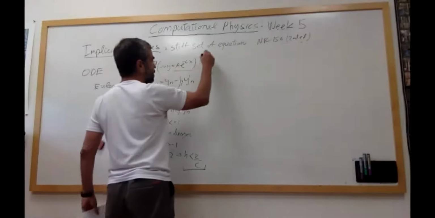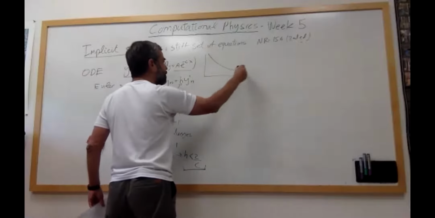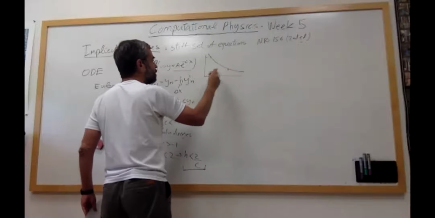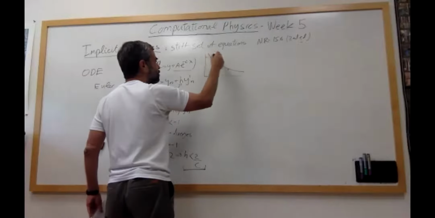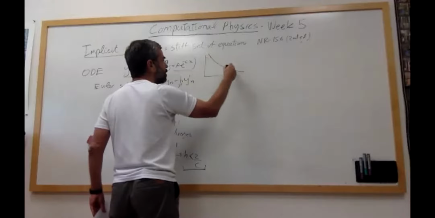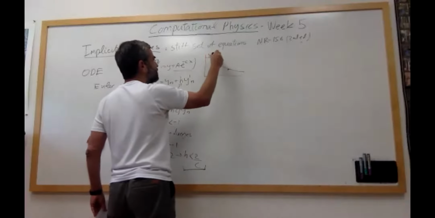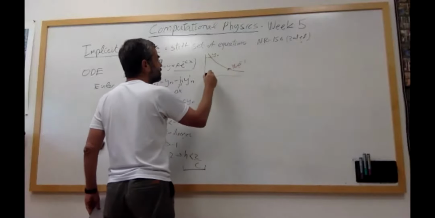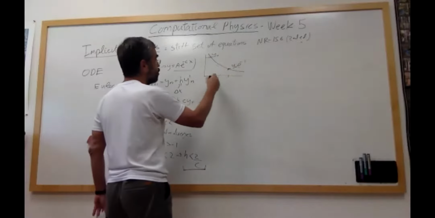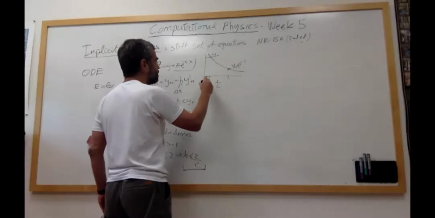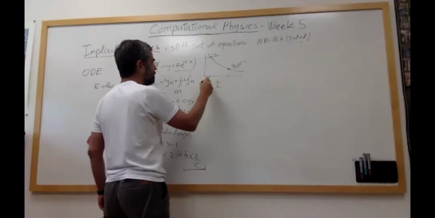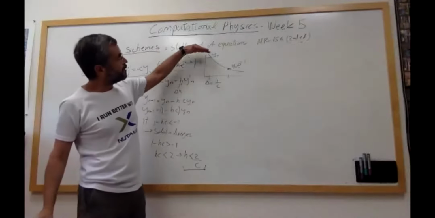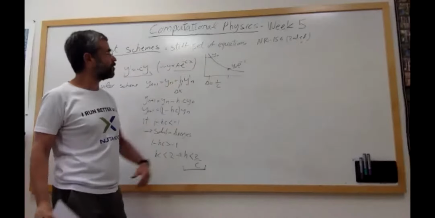To some extent this example is a bit extreme. The solution decays, it goes from the initial solution y0 to y0 e to the minus 1. So this is the length scale, which is 1 over c. Let's call it delta, at which the solution goes to 1 over e of the initial solution.